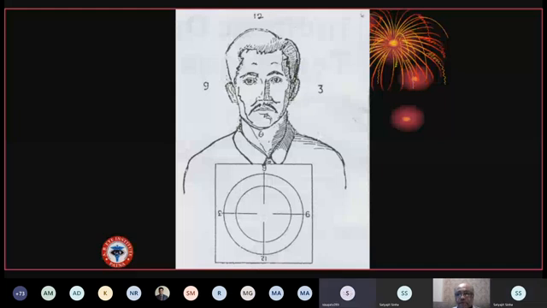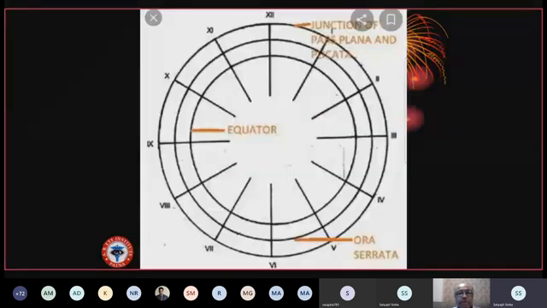Amsler-Dubois chart. Yes, this is the Amsler-Dubois chart, and it has 3 circles. You can see 3 circles here. The innermost circle corresponds to the equator. The middle circle corresponds to the ora serrata, and the outermost circle is the junction between the pars plicata and the pars plana.